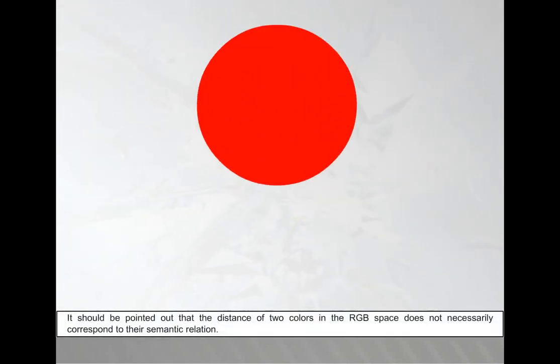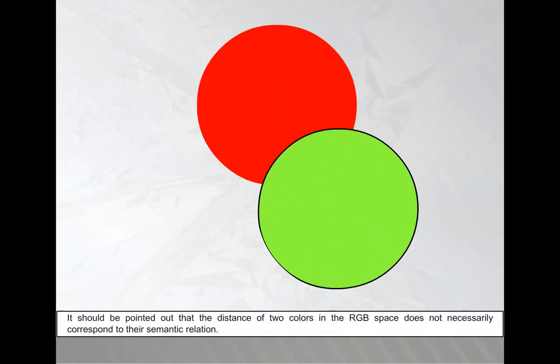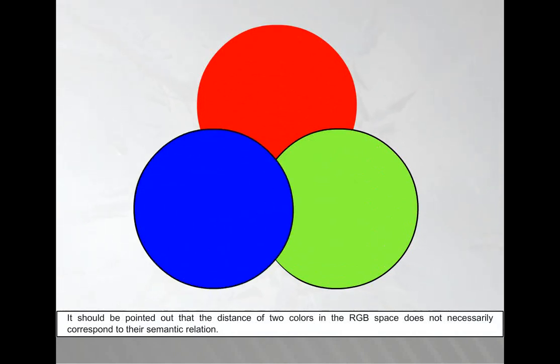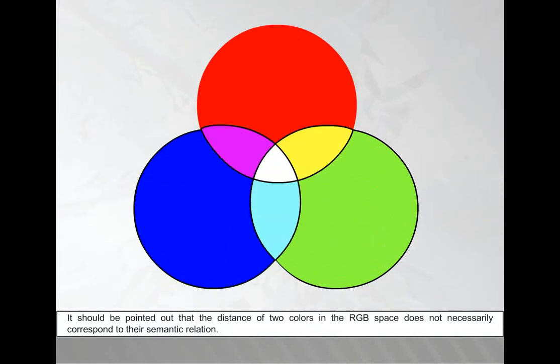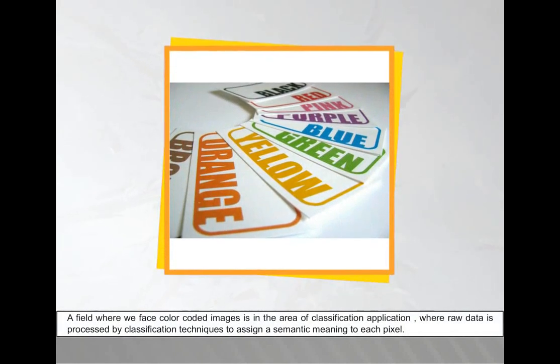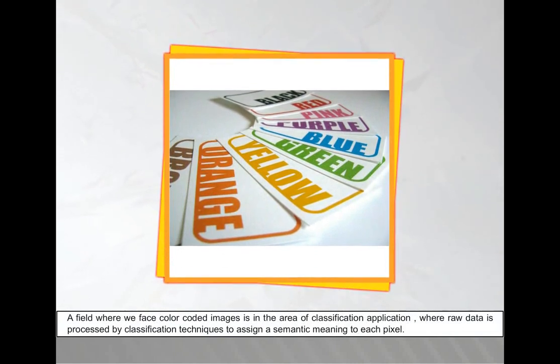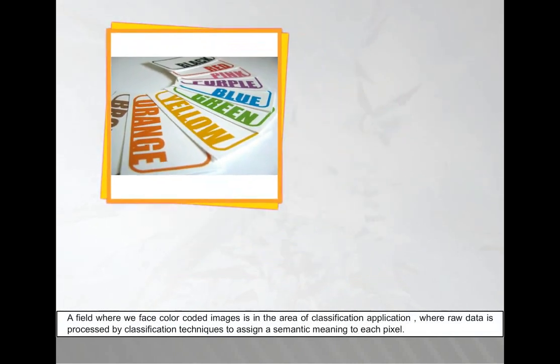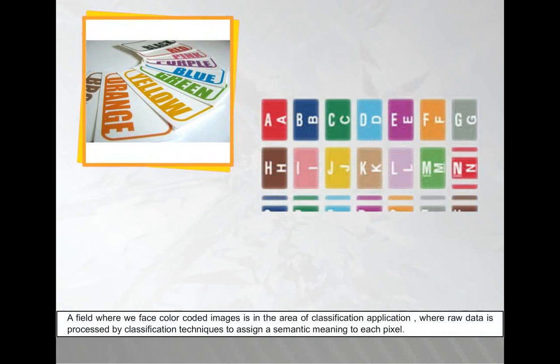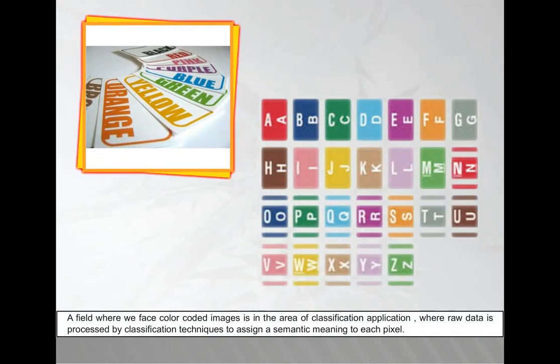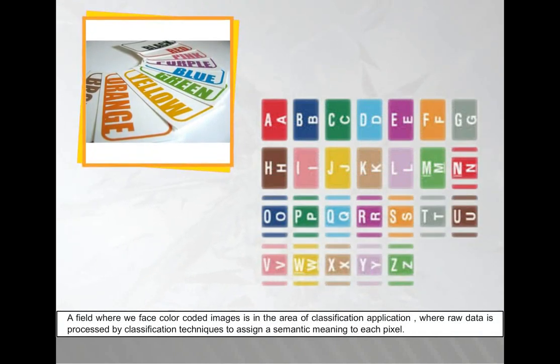It should be pointed out that the distance of two colors in the RGB space does not necessarily correspond to their semantic relation. A field where we face color-coded images is in the area of classification applications, where raw data is processed by classification techniques to assign a semantic meaning to each pixel.